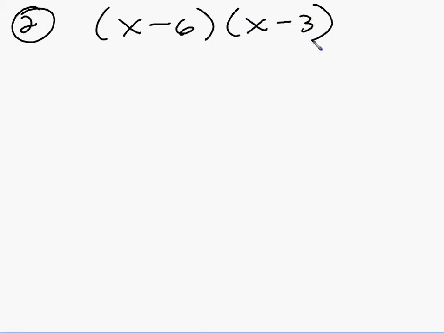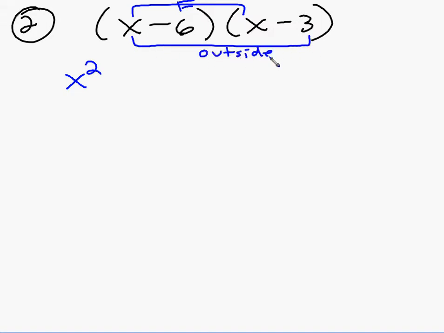Let's do some more examples so you feel more comfortable with it. Let's say that I have x minus 6 times x minus 3. Okay, remember, we're going to follow FOIL. So the first thing I need to do is multiply my first terms together. So what is x times x? X squared. Then we're going to multiply our outside terms together. What is negative 3 times x?